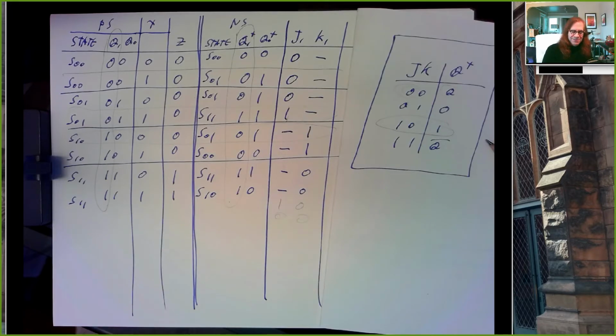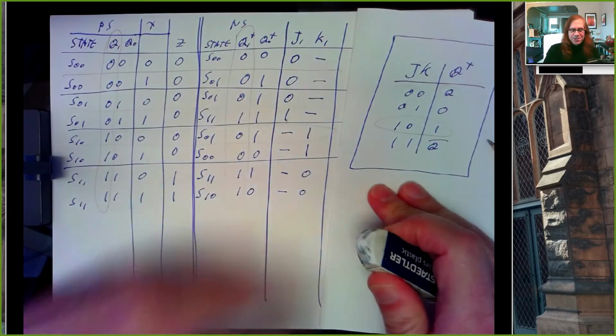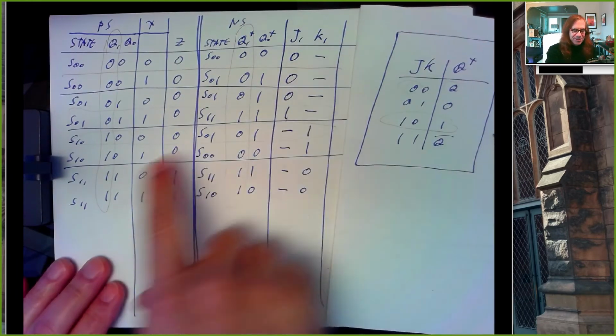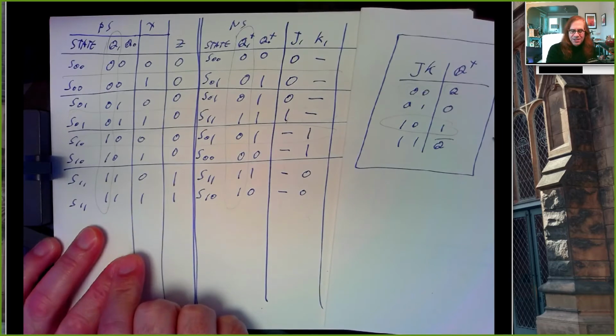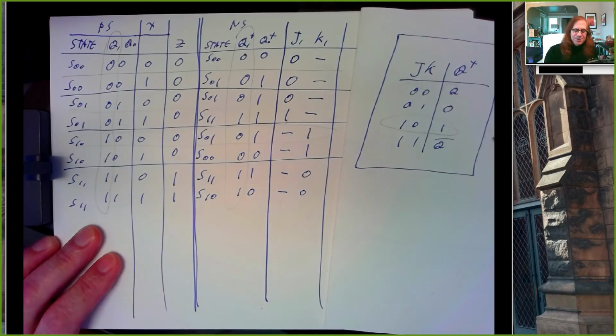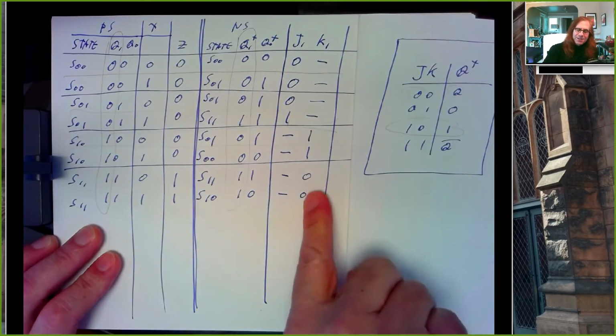Exactly, yeah. Okay. So that's what we're going to do next, is write equations for J1 and K1 in terms of Q1, Q0, and X. And then do exactly what you described, build a circuit so that given this, these will be the values for J and K.